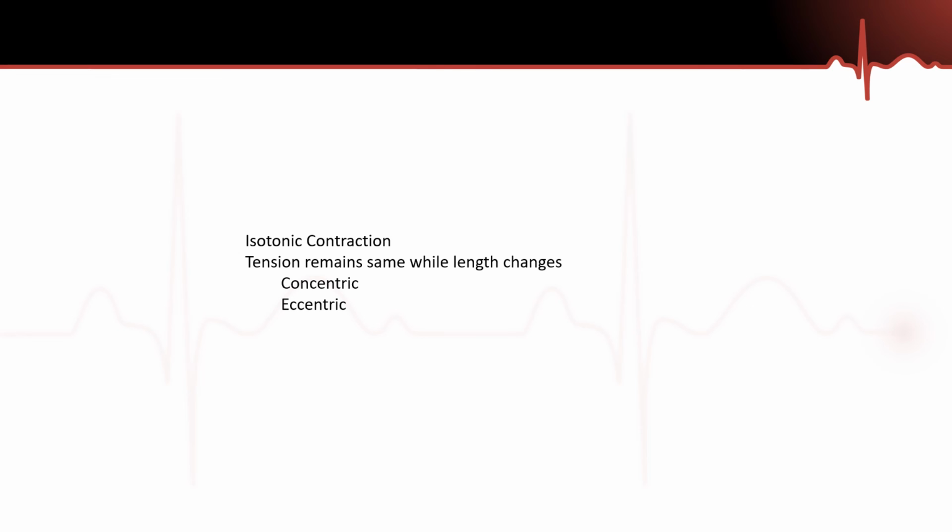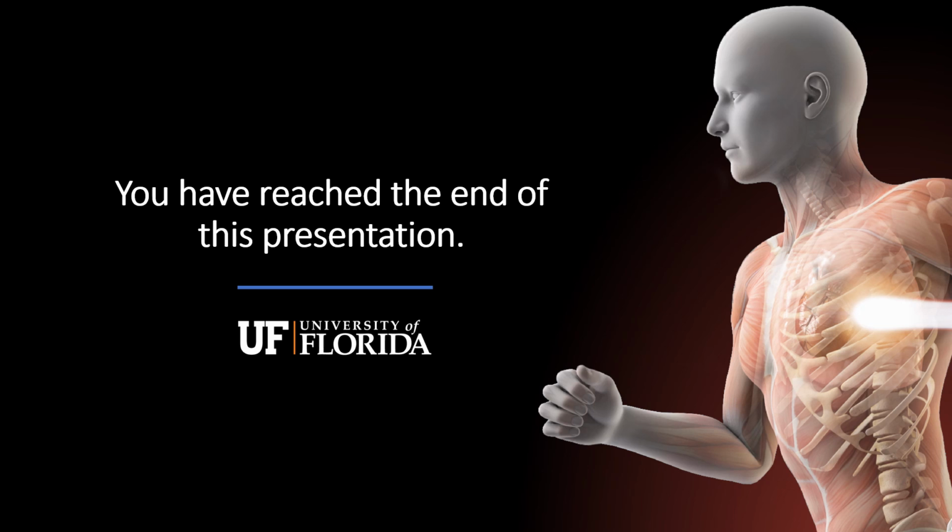Right? During the concentric contraction, when the biceps muscle is contracting while it's shortening, it's maintaining a fairly consistent amount of force. And when the biceps muscle is contracting while it's lengthening, it's also maintaining a fairly consistent amount of force while it's changing its length. Right? That's what the definition of an isotonic contraction is. And yet again, both concentric and eccentric contractions fall into this category of isotonic. And this finally brings the discussion of skeletal muscle to an end.